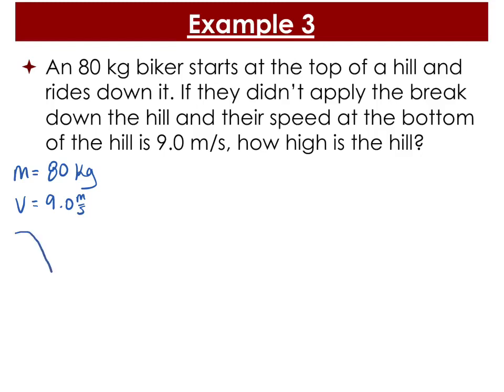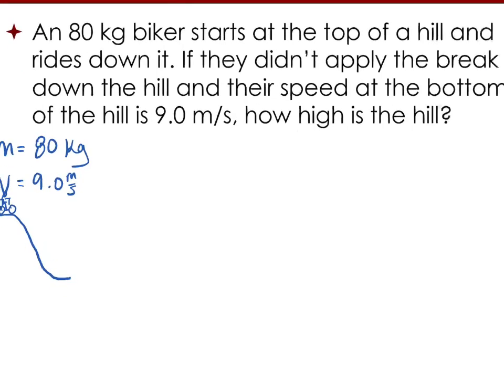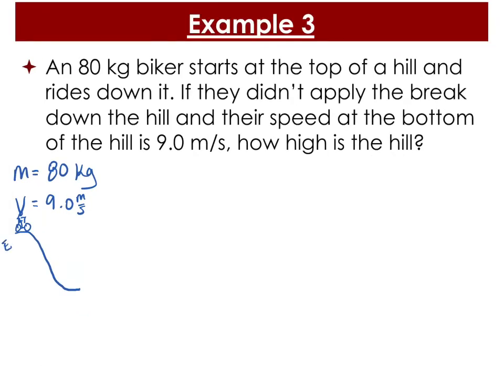So again, we have something going from the very top to the very bottom. Okay, so we know that our biker here is going down this hill, and again, at the top we have maximum potential energy, and at the bottom we have maximum kinetic energy.